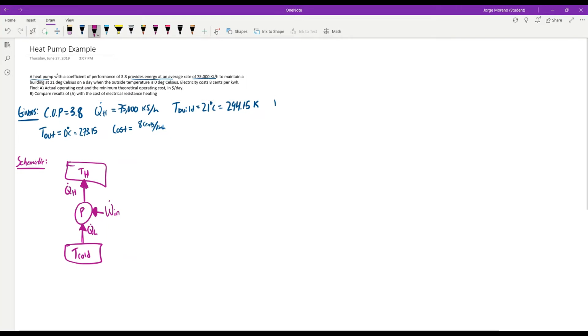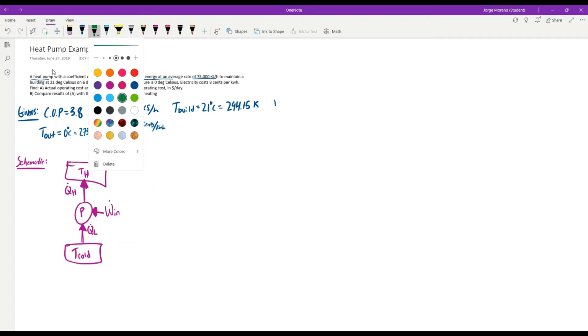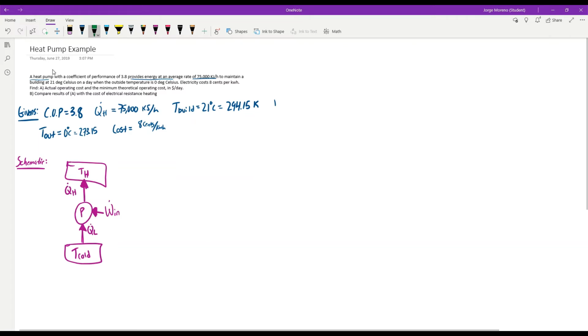All right, so from here we can actually try to solve this problem. So let's write that off to the side here. Okay, so let's start off with something that they give us. So we're trying to find the overall cost, so the actual cost and the minimum theoretical cost.